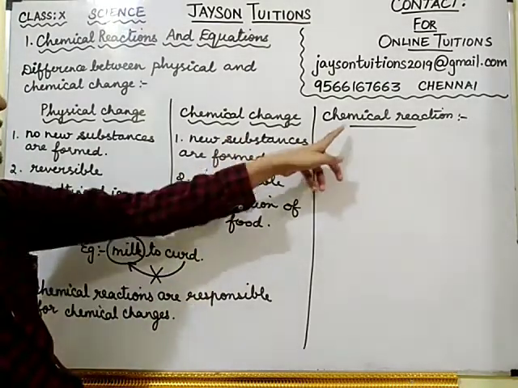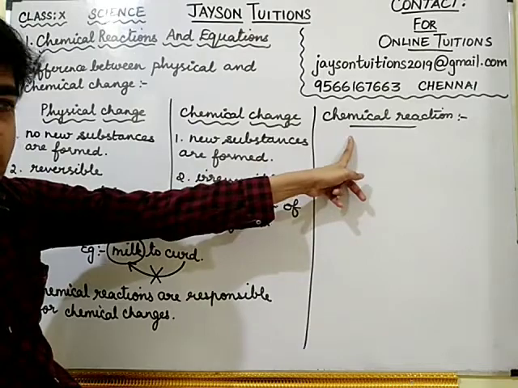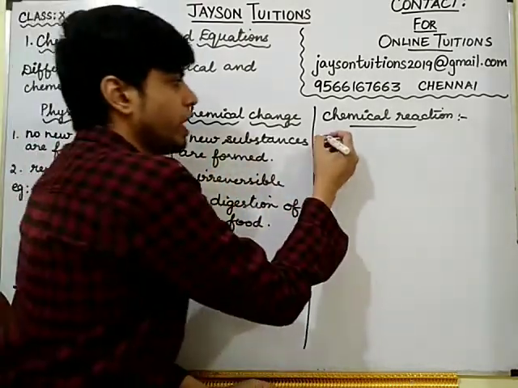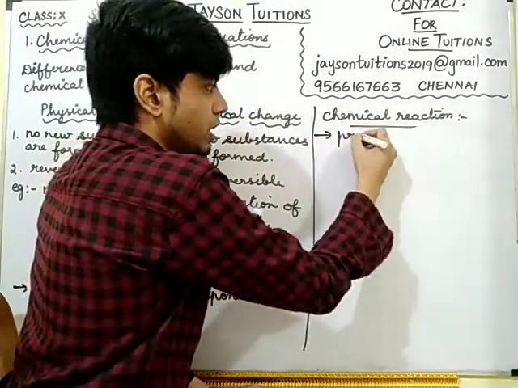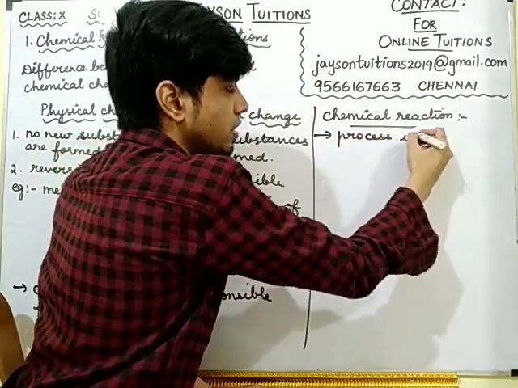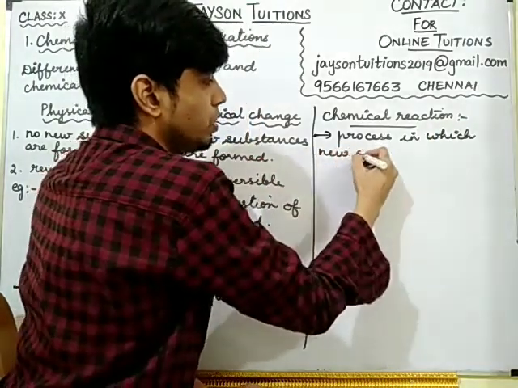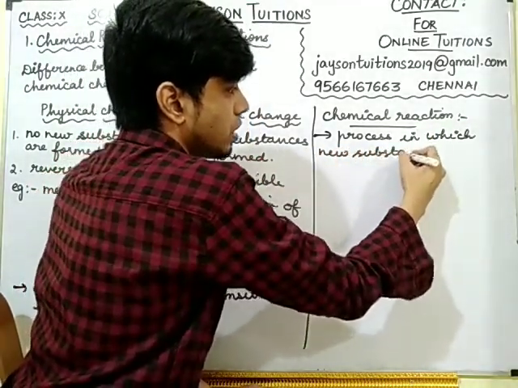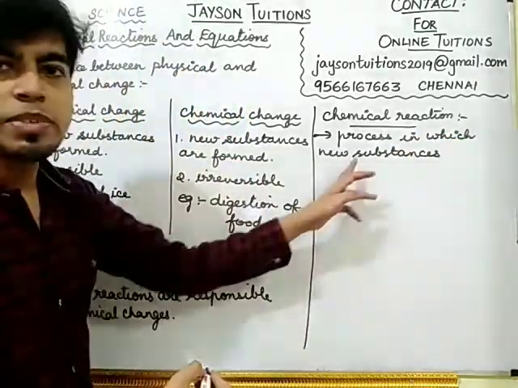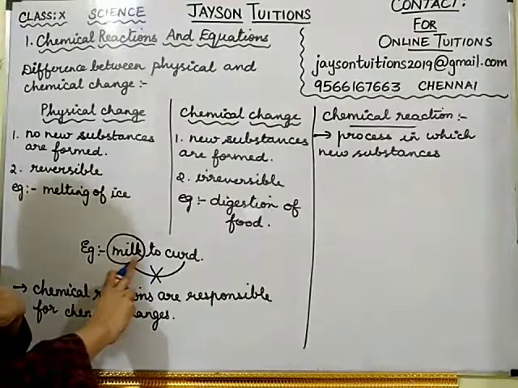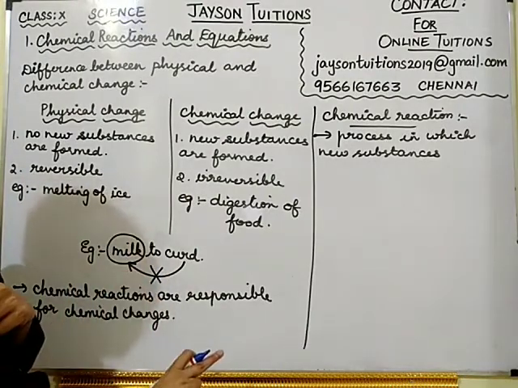When a chemical reaction occurs, new substances are formed. Will the new substances have the same property? No. Milk has a different property, curd has a different property.